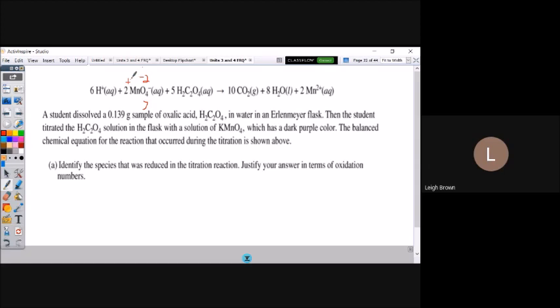If I look to the other side, I can say, oh, wow, this is simple. I just have this small monatomic ion and it's +2. So I know my answer right now. I don't have to go through and assign everything oxidation numbers. My answer is the species that was reduced. Well, the species is the whole thing.